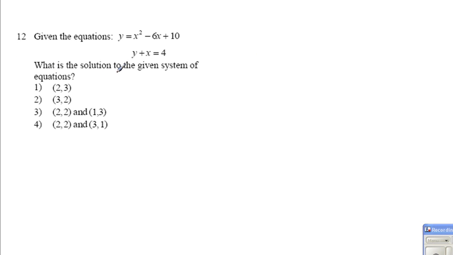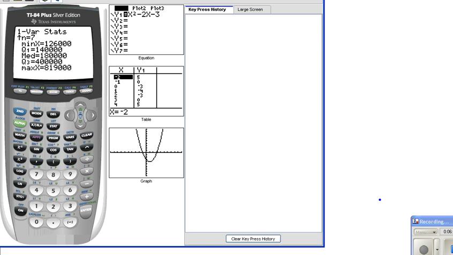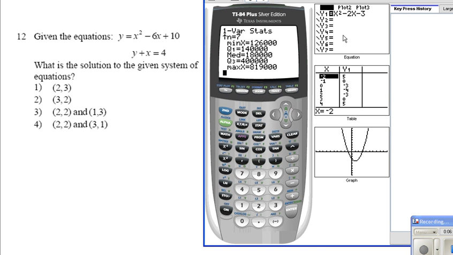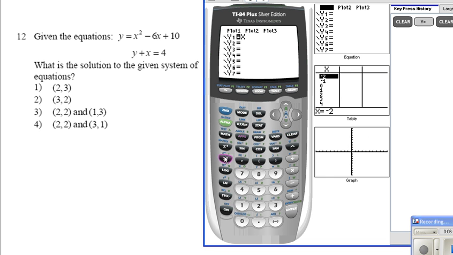Alright. What is the solution point? The solution here means we just have to get the same value of x and y. So let's try to do this one with the calculator. It's more convenient. So clear. So x squared minus 6x plus 10.